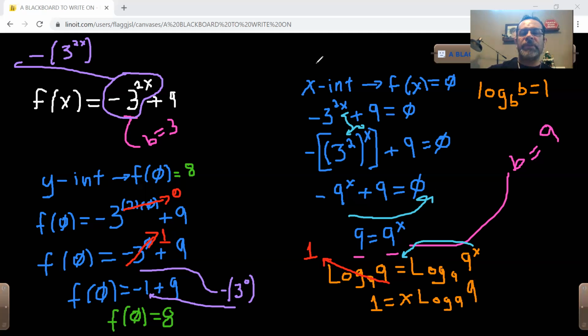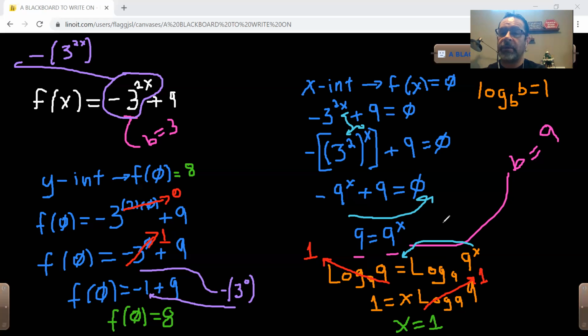And so what happens here, the only thing I did is bring the x to this side because that's also another property of the logarithms. This is also going to turn into 1. And so where is the x-intercept? The x-intercept is going to occur in x equals 1.